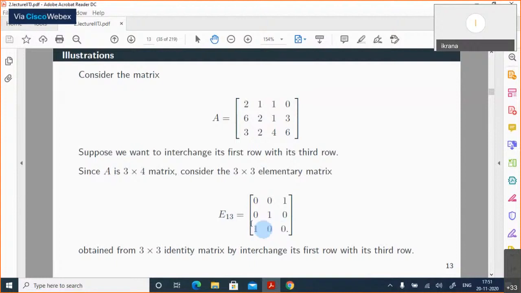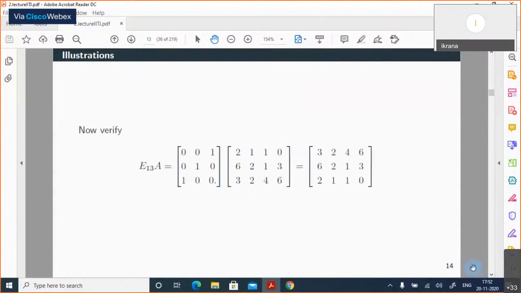The third row has gone to the first, the first has come to the third, interchanged. And now if I pre-multiply A by E13, I'll get the rows interchanged. So 3, 2, 4, 6 has become the first row, and 2, 1, 0 has become the third. So that you can check by multiplication. So these kinds of illustrations you can always give, and you can check for particular examples.